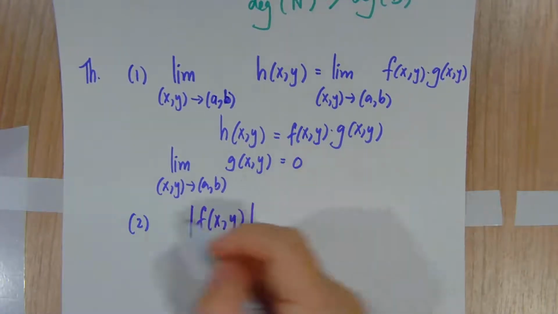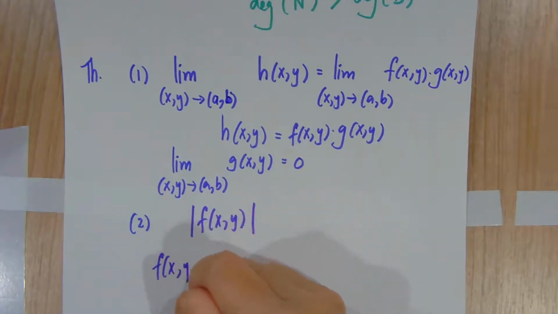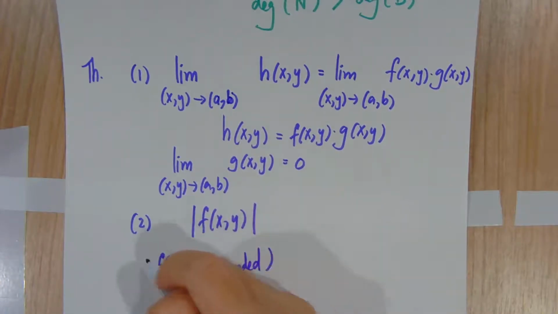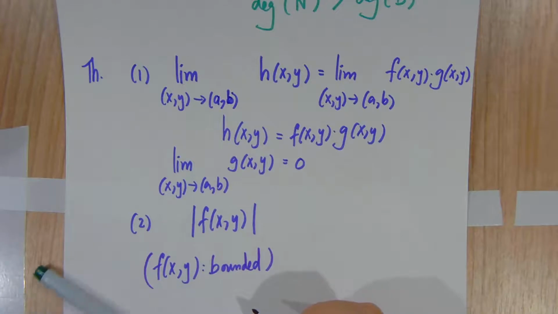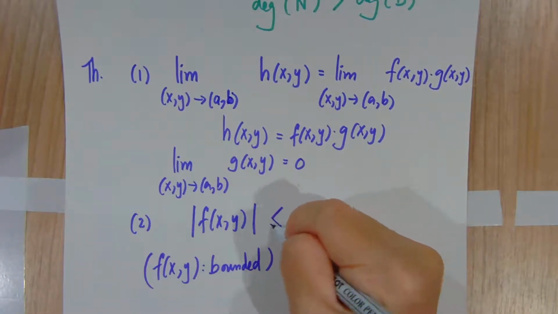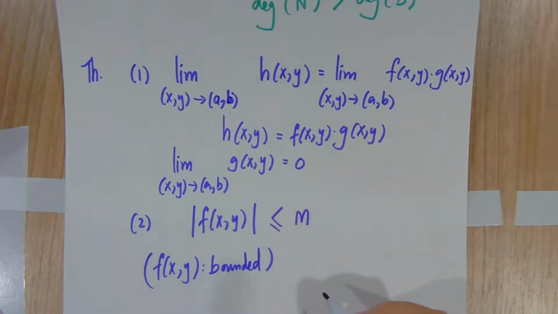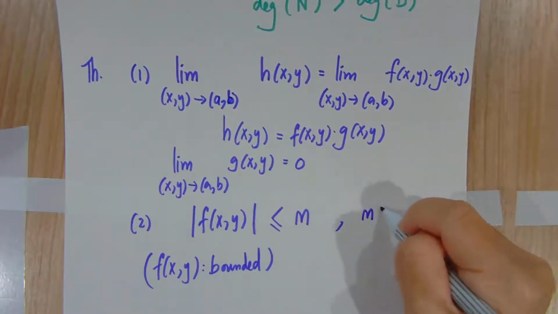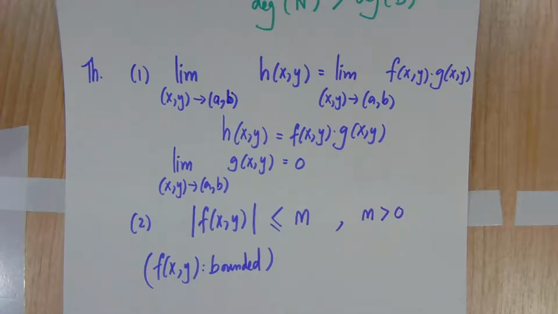So what does this mean? That means that the absolute value of the function f is less than or equal to some number M, where M is any positive real number.